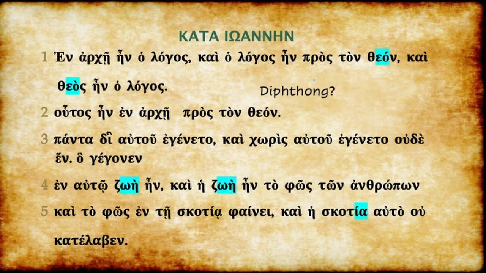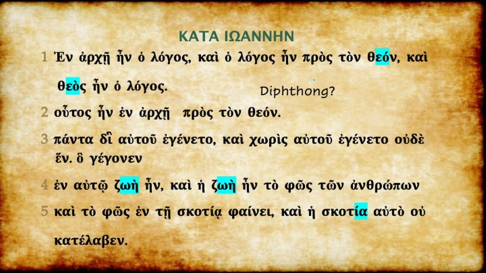I highlighted for you a few vowel combinations in the text. Question for you: are they diphthongs or not? Let's remember the rule of diphthongs. The second vowel has to be iota or upsilon.